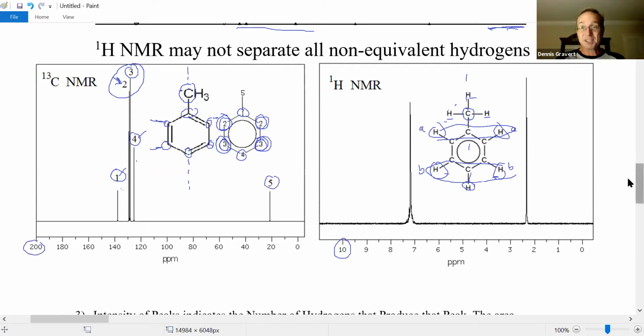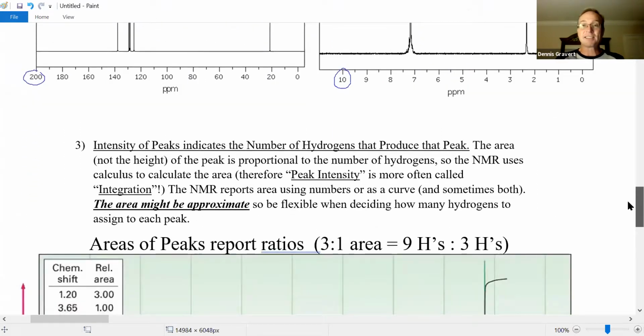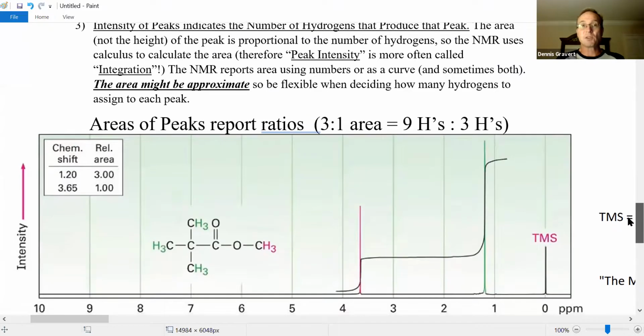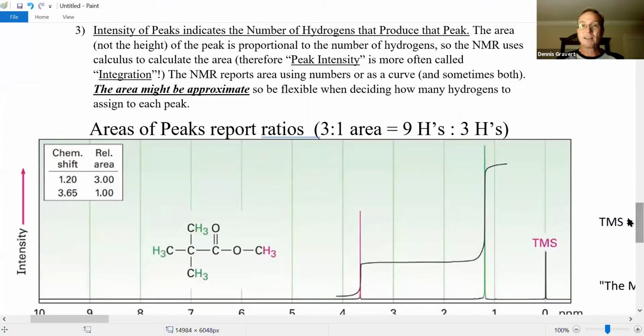Switching to hydrogen NMR, now the intensity of peaks is reliable. And in fact, we ask the computer that's collecting the data to measure the area. Has anyone taken calculus? What's the procedure for integrating? That's right, you integrate the area underneath the curve. So you can call this information intensity, because the bigger the peak, the more hydrogens must have produced that peak.